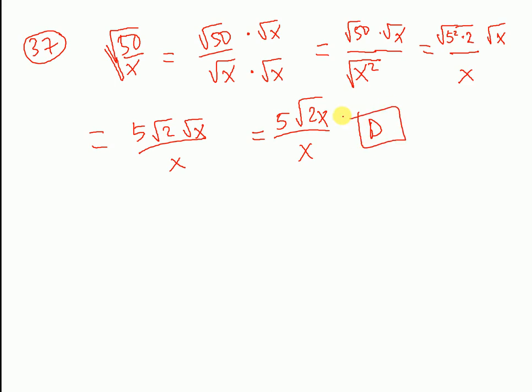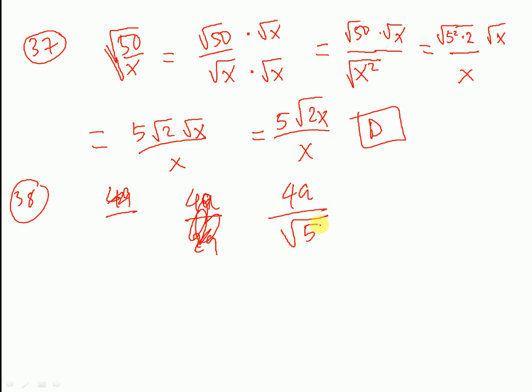Now 37. Now this is 38. 4a over radical 5.